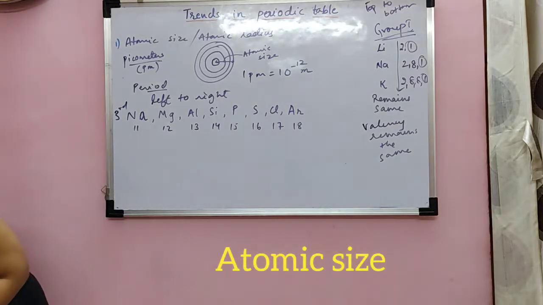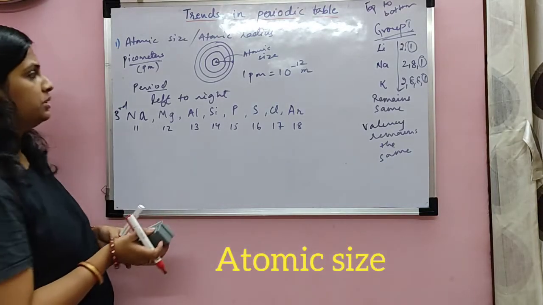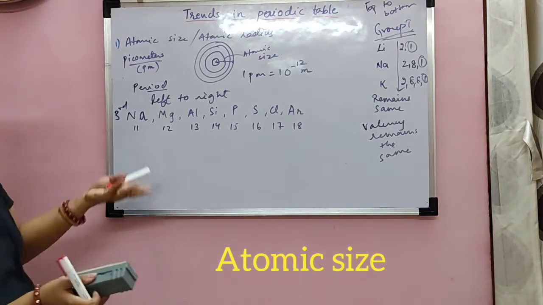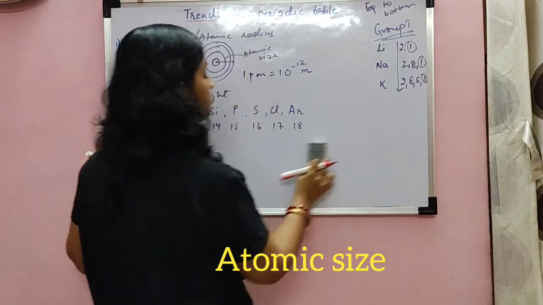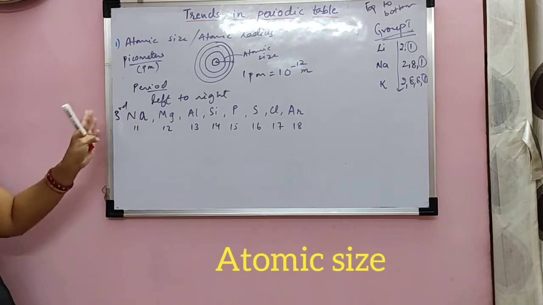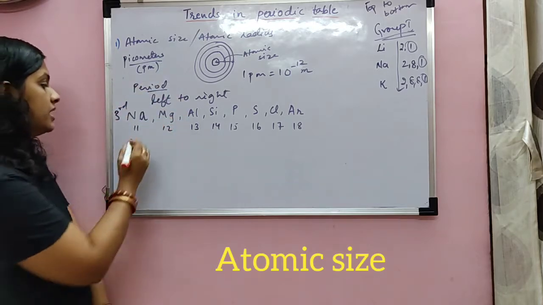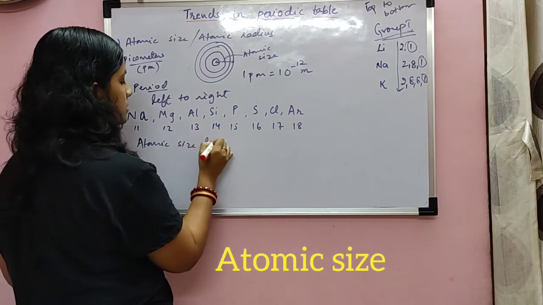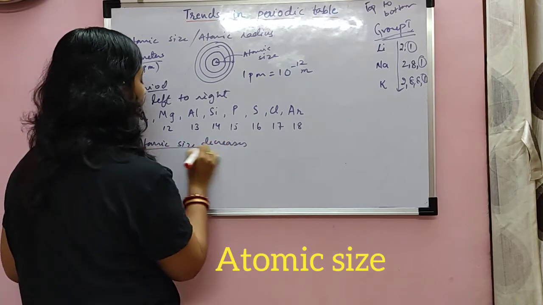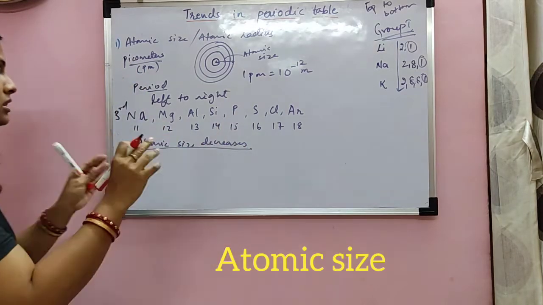Now, let us see what trend is followed for atomic size in a period and in a group. When you move from left to right in a period, the atomic size basically decreases. I'll tell you the reason why it decreases. The atomic size becomes small.